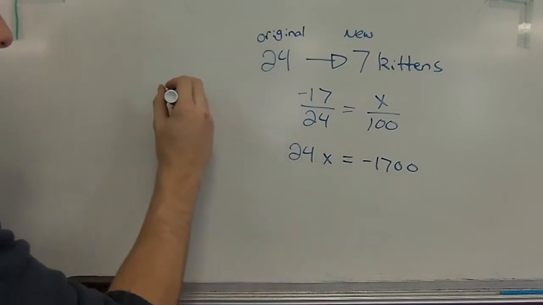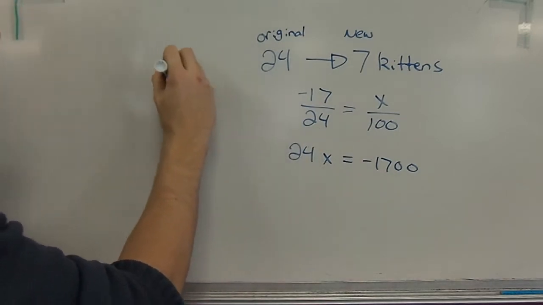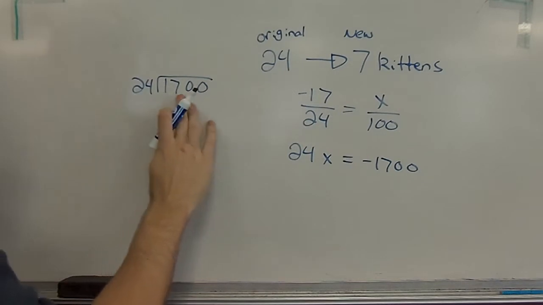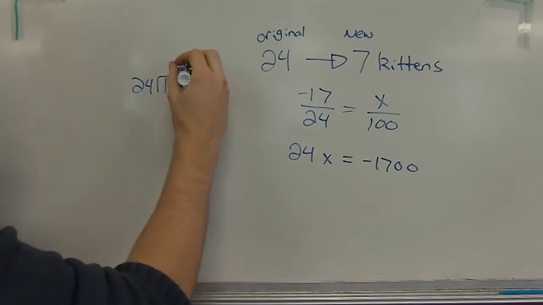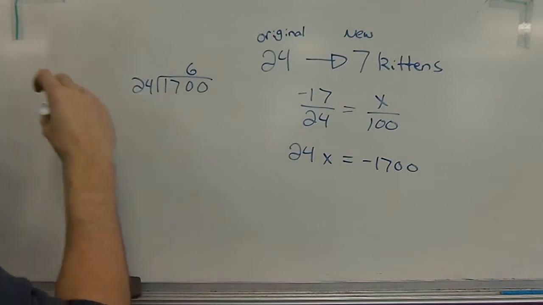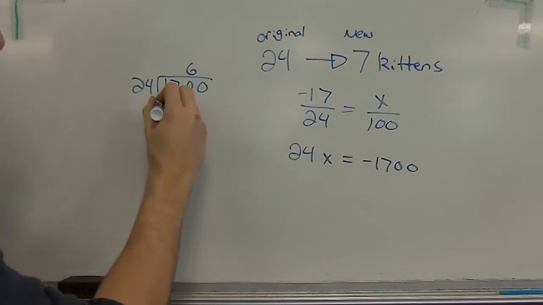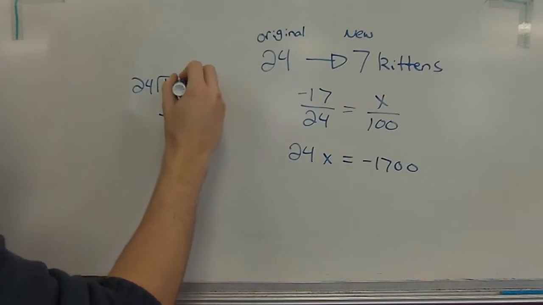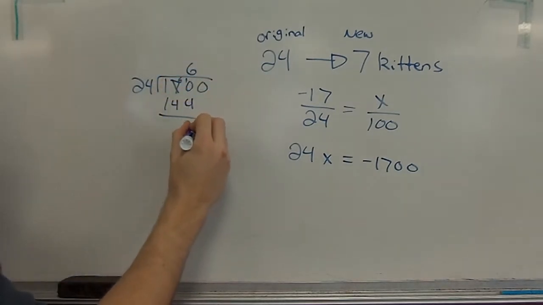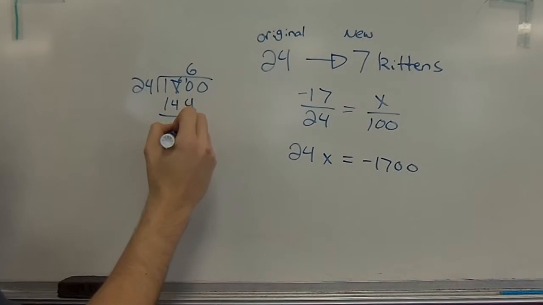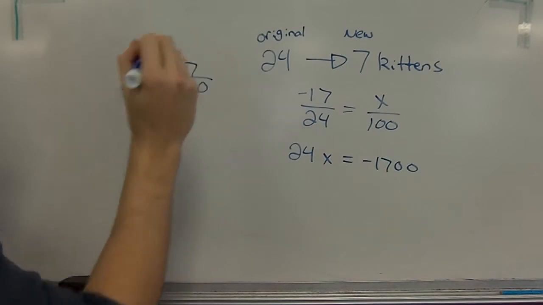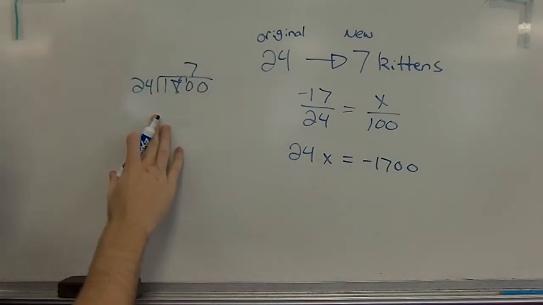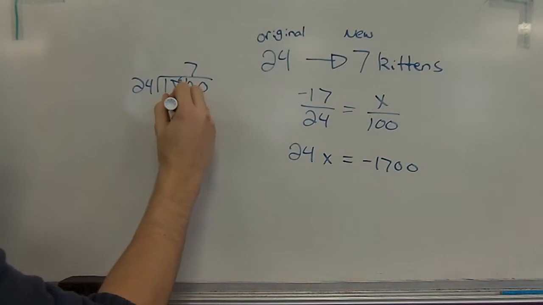So we're going to end up dividing 1700 by 24. 24 goes into 170 six times, I believe. 6 times 20 is 120 plus 24 is 144. So we're going to borrow here. Nope, it goes into it 7 times. So 144, 164, 168.